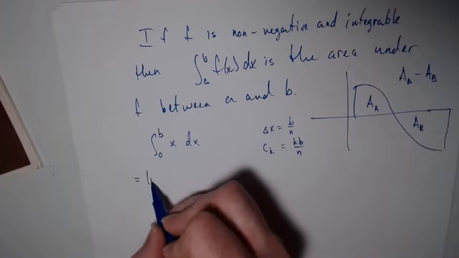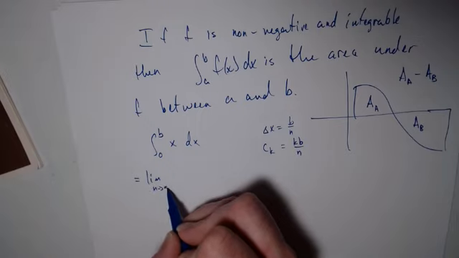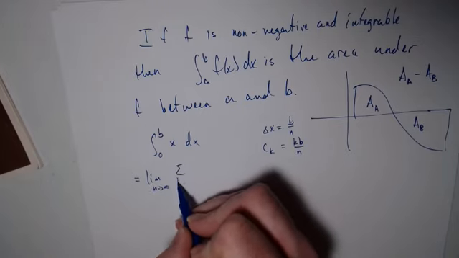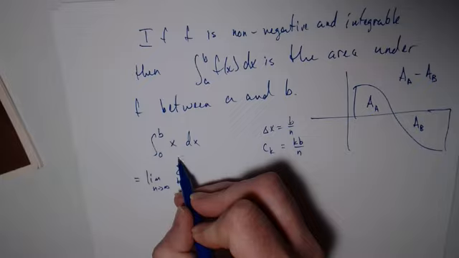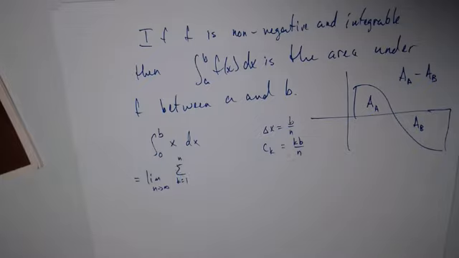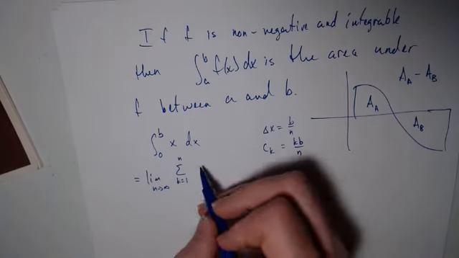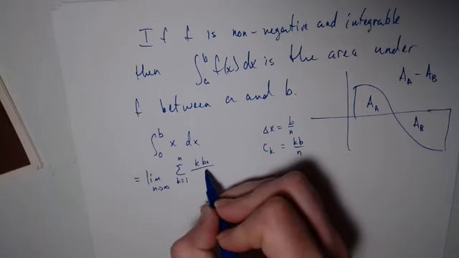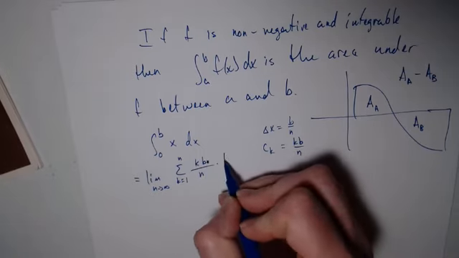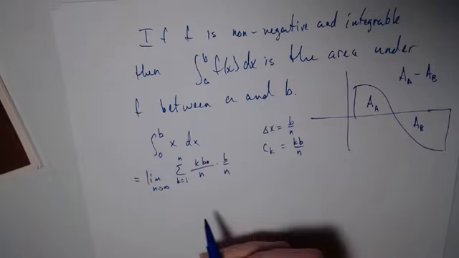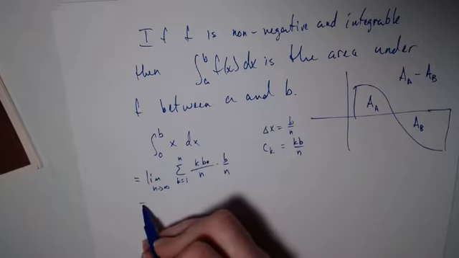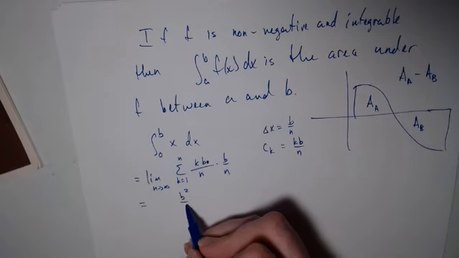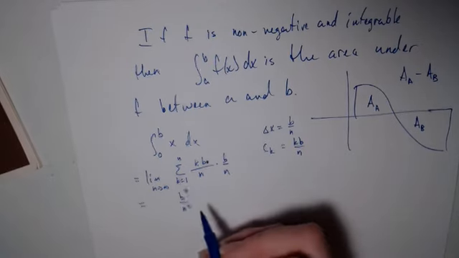So then this is the limit as n goes to infinity of the sum as k goes from 1 to n of kb over n times b over n. So the main difference here is we get b squared over n squared instead of 4 over n squared.